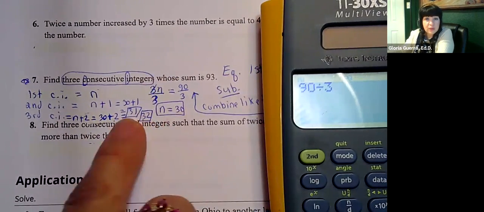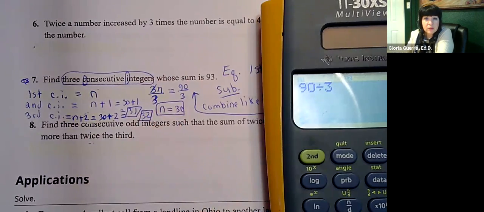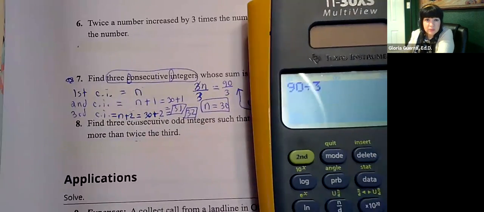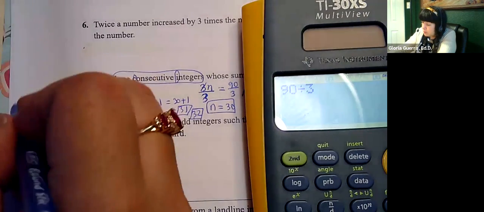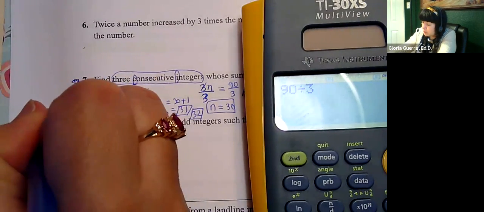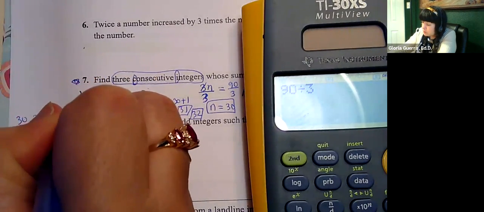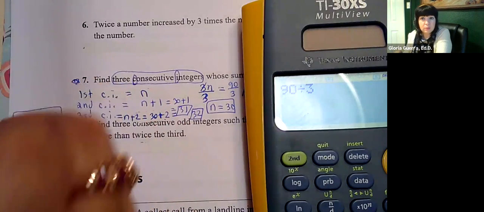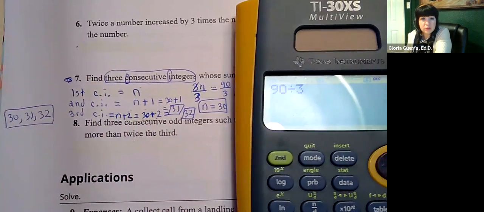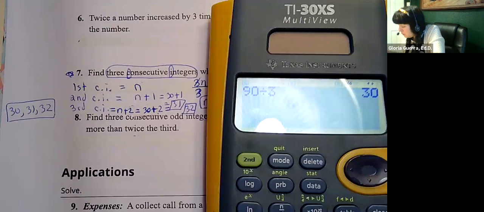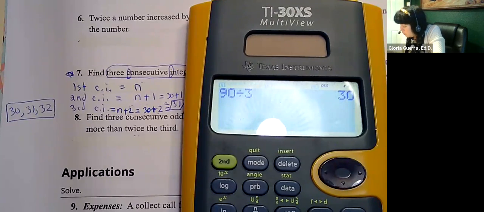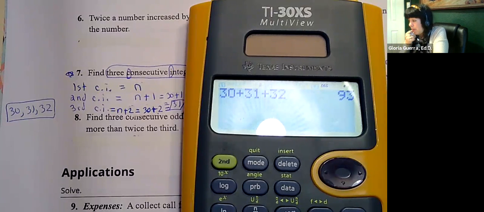So these are your three answers. The book will probably want you to separate them with commas, so they probably want 30, comma, 31, comma, 32. That's probably what the computer will tell you to do. And if you check them and add them, 30 plus 31 plus 32, you do get 93.